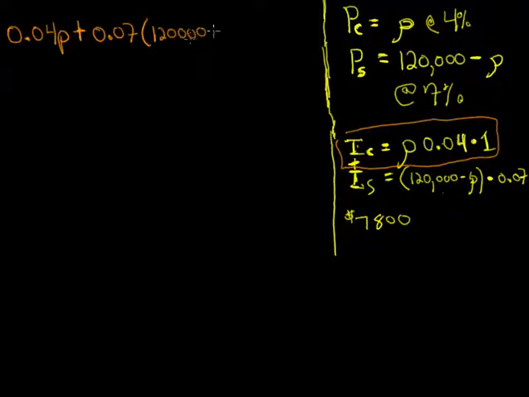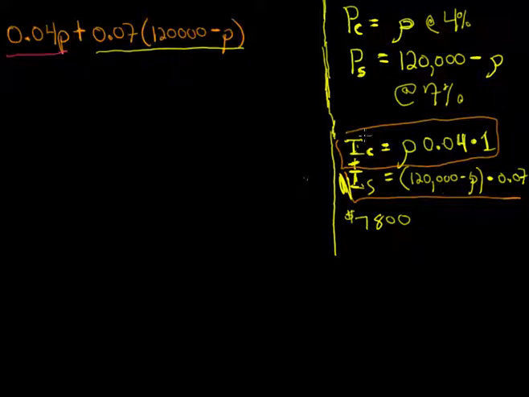So I add these two together. The interest from the CD is this first term. The interest from the stock is this second term. But we add these together and we get the $7,800 she makes in that year.